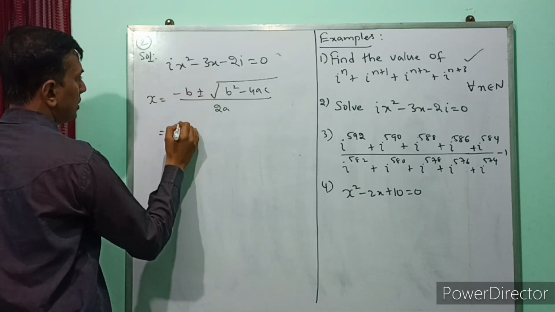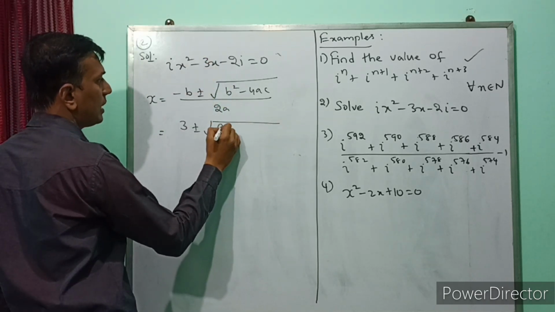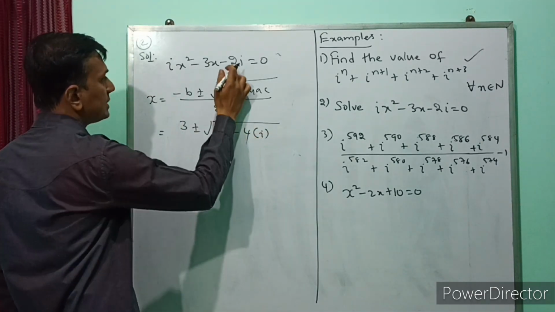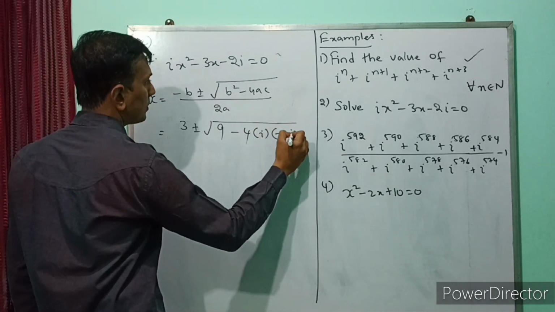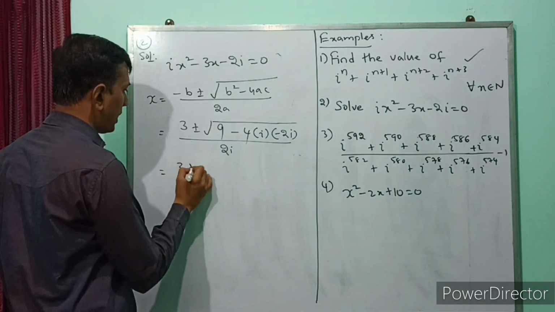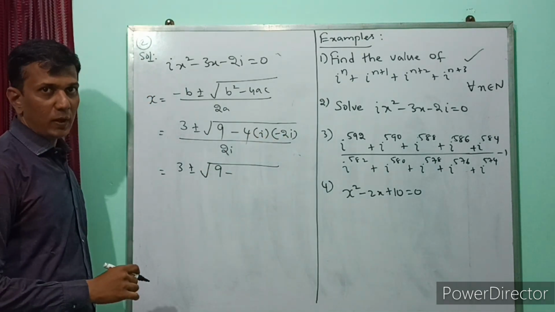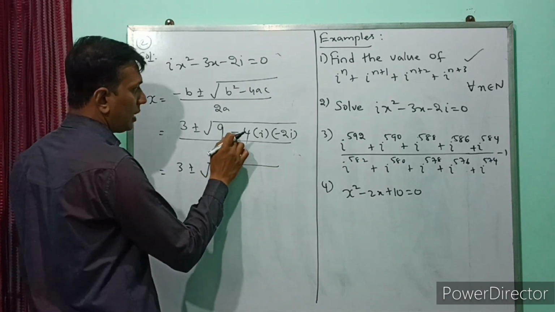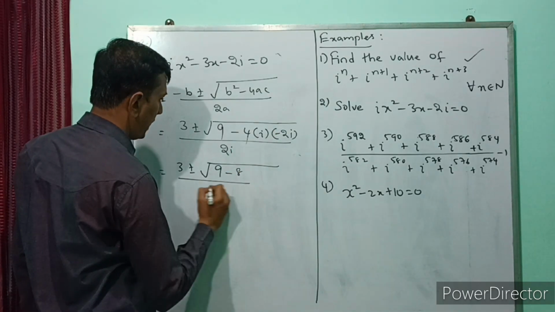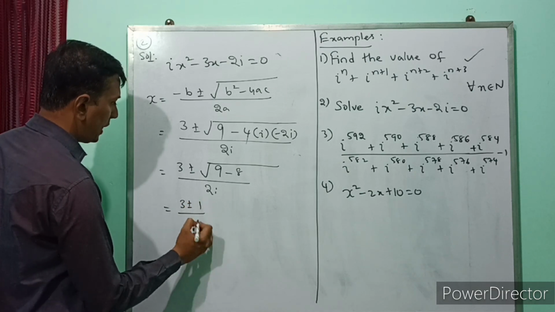So minus of minus 3, plus 3, plus or minus square root of b square, minus 3 whole square, 9, minus 4. A value i, c value minus 2i, by 2i. 3 plus or minus square root of 9 minus i into i square, that is nothing but minus 1. Here minus into minus is plus. So again plus into minus is minus. 4 2s are 8, by 2i. So we are going to get 3 plus or minus 1 by 2i.